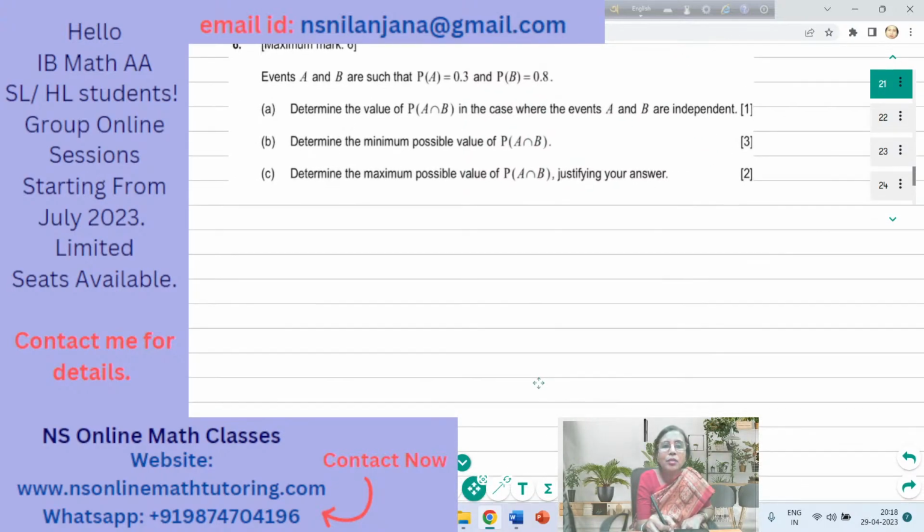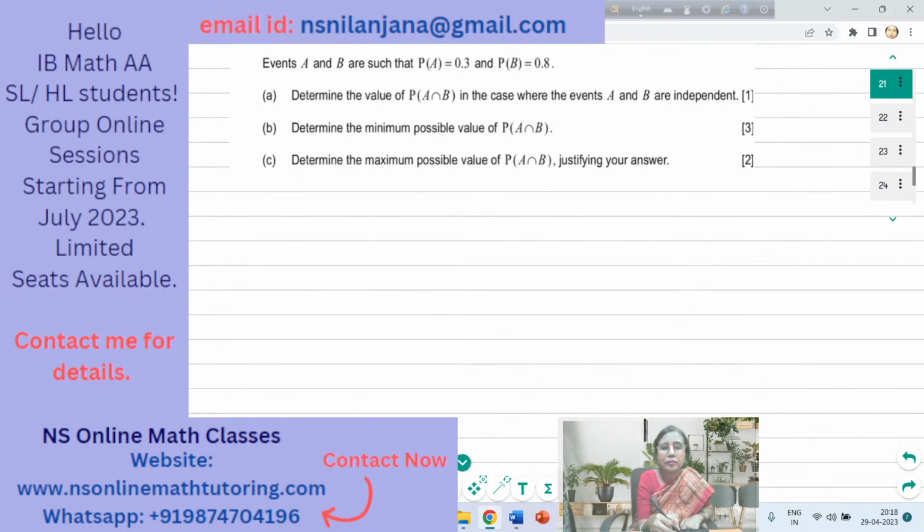So we have to just use the formula. P of A intersection B for independent events should be P of A times P of B.